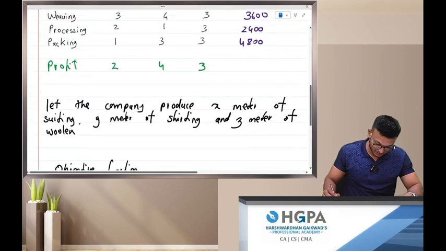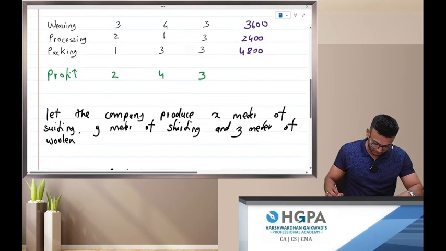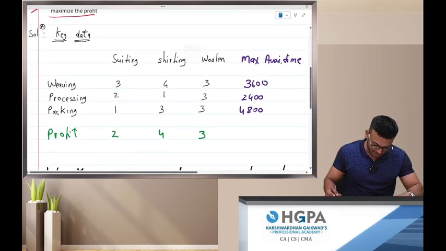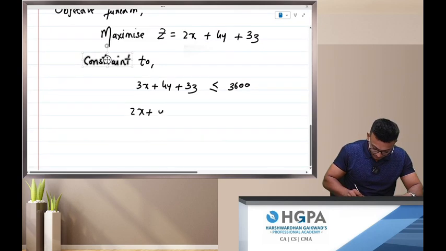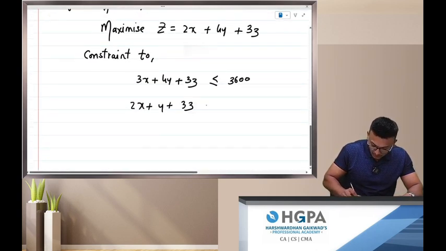Okay. Next, this is 2x, my bad, 2x plus y plus 3z must be less than or equal to 2400.